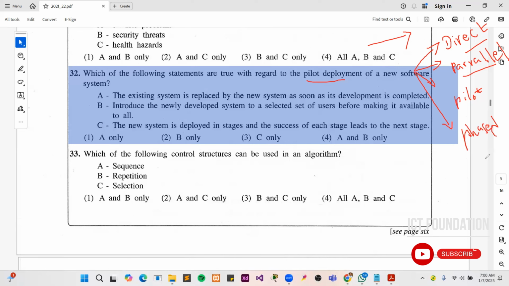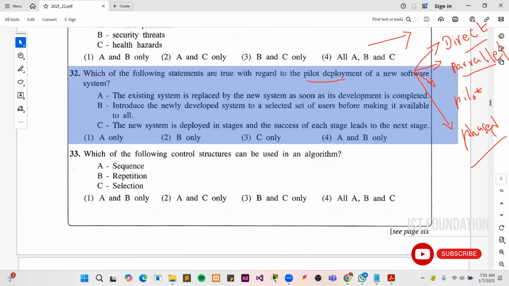Phase deployment means we are doing the deployment step by step. For example, if I have a new mobile phone as well as the old mobile phone, in the new mobile phone I don't have any idea how to utilize the mobile applications, contacts, or mobile calling. I don't know about the new mobile phone. But step by step, I will utilize it.